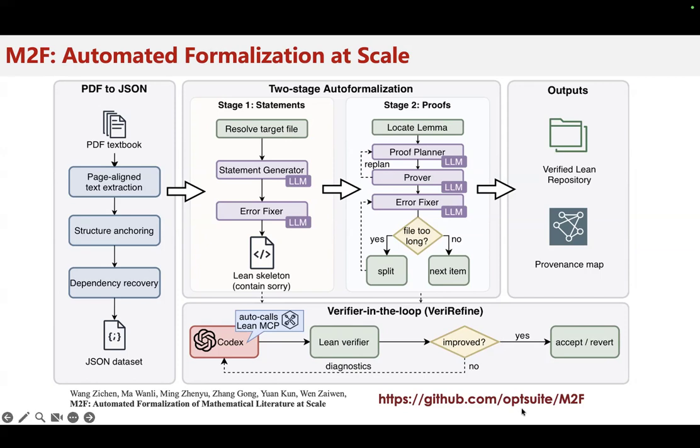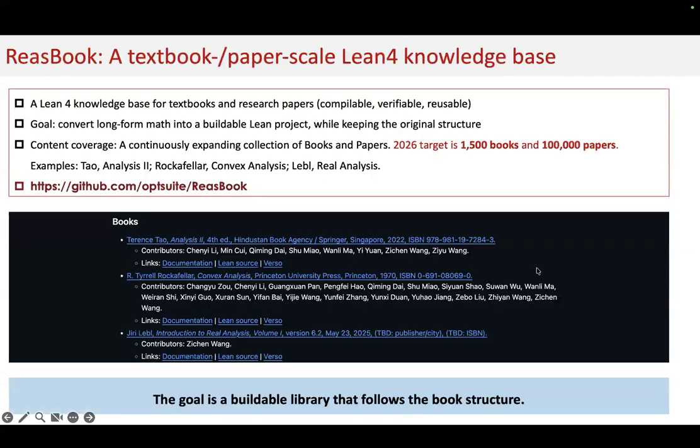You can check the details in this link. Also, the source code of those books can be found in this link. We've also formalized a book by Terence Tao in Lean 4.